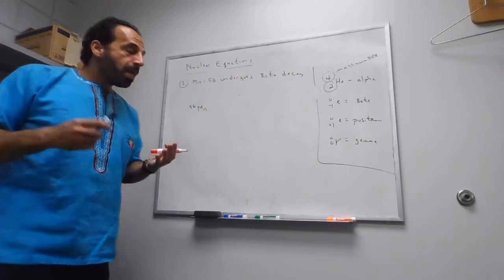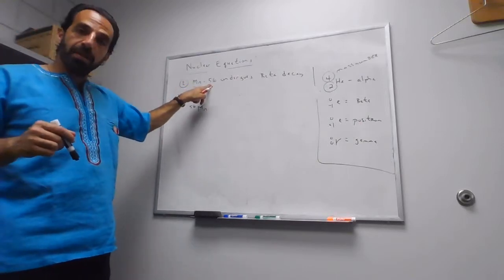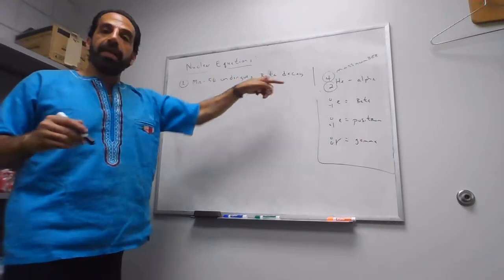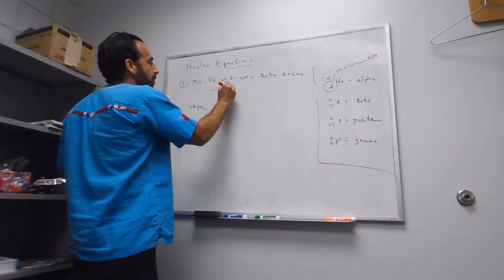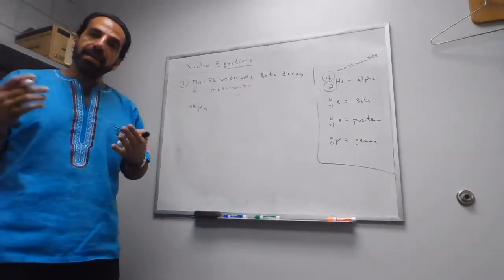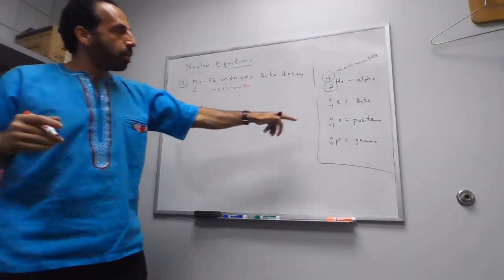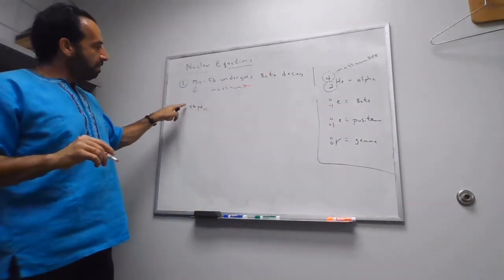Let's look at this one. In this case, Mn, that's actually manganese, 56, again, that's the mass number, undergoes beta decay. So that 56, remember, that's the mass number. And this right here is manganese. It undergoes beta decay, so it's going to give off a beta particle. Couple of things. So this is manganese-56.